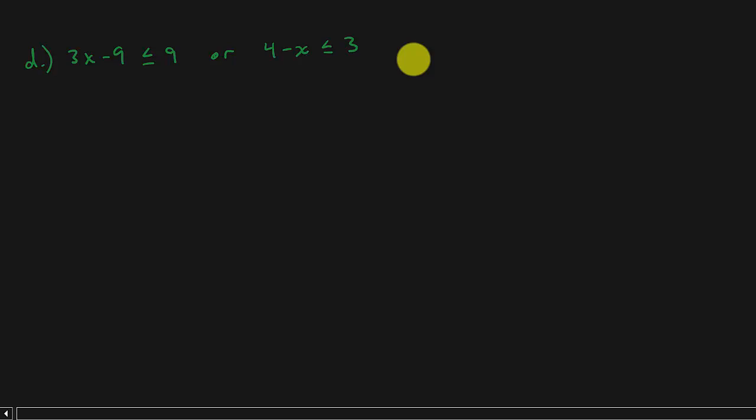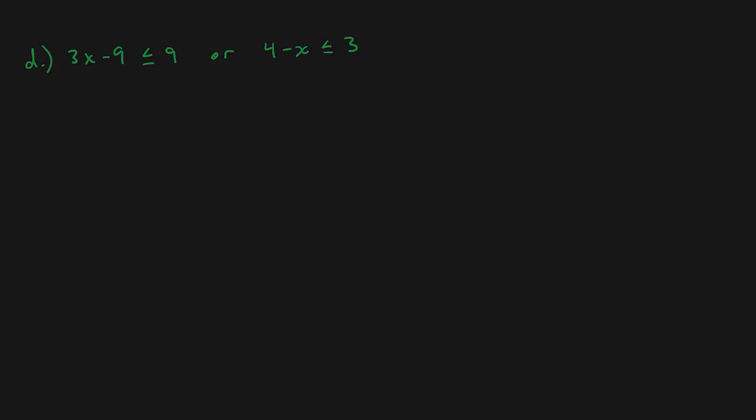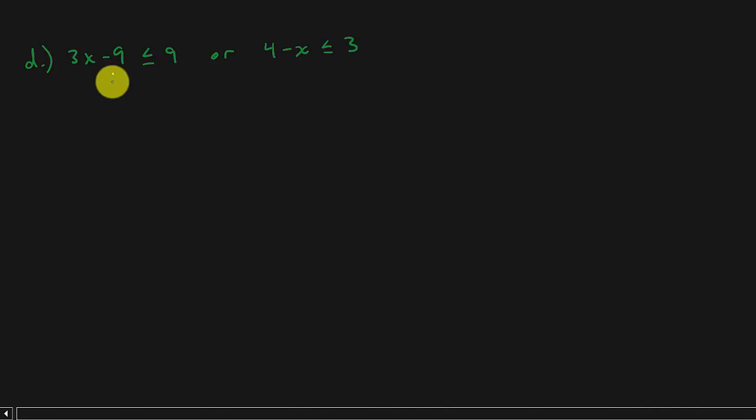All right, so how about this one? All right, so once again, let's solve each one of them individually. So I'm going to add 9. So I get 3x is less than or equal to 18. Divide both sides by 3. X is less than or equal to 6. And then this one, let's subtract 4 to both sides.